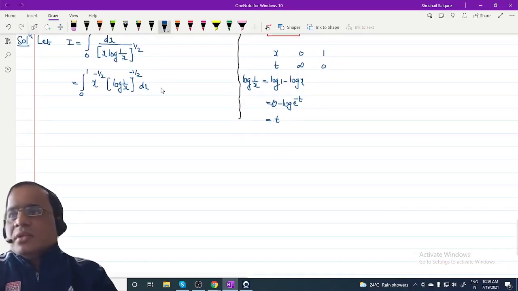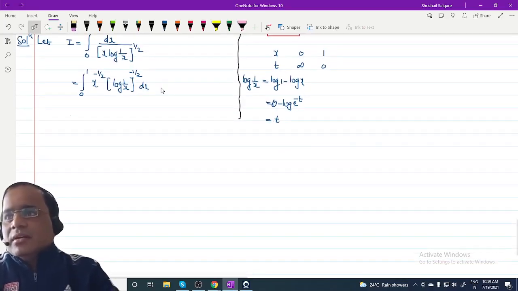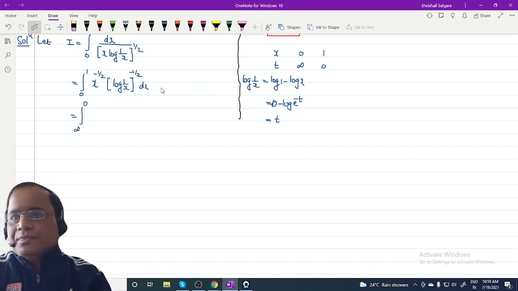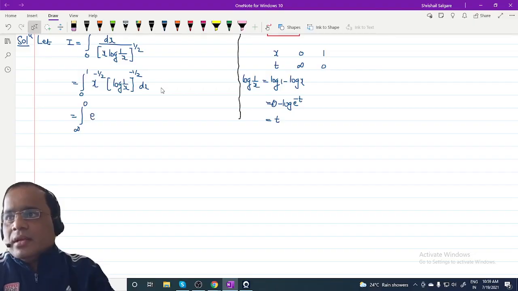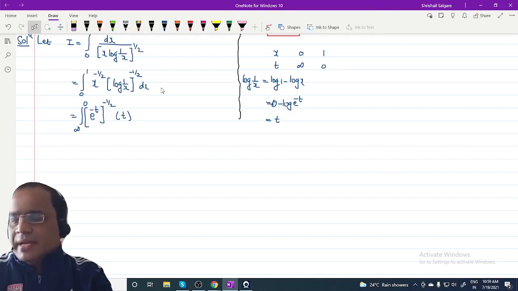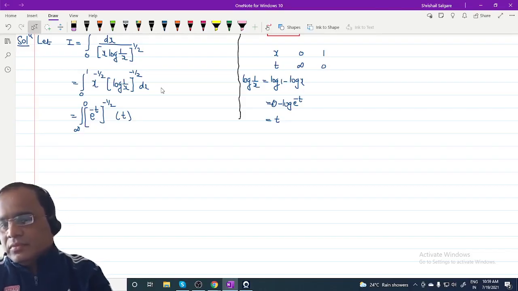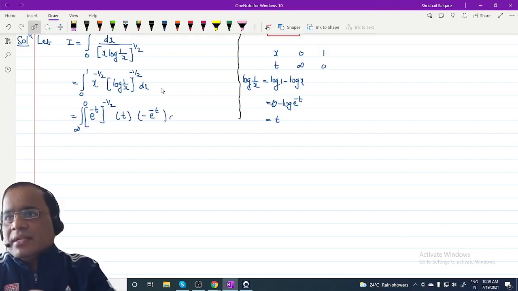Therefore, that integral can be reduced to the new limits from infinity to 0. x is e raised to minus t and raised to minus 1 half once again. So log of 1 by x is t, and dx is minus e to the power minus t dt.